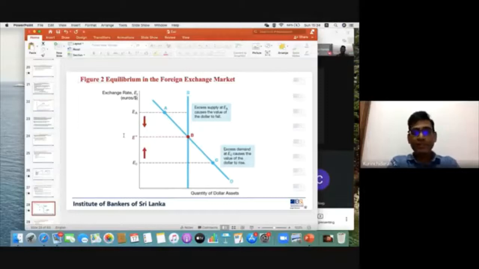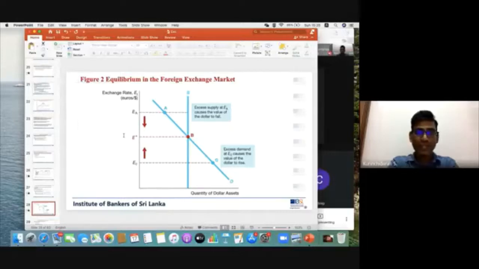So now the demand for dollars is denoted by D. The demand curve is given based on the demand for dollars. You can see the slope, it's a negative relationship, right? If the exchange rate is higher, that means your demand is less. If the exchange rate is lower, that means the value is lower, right?